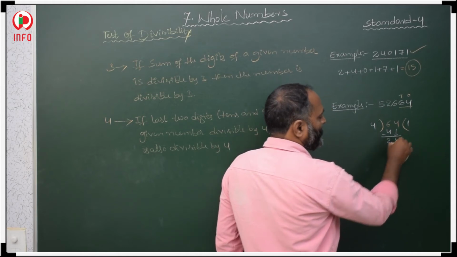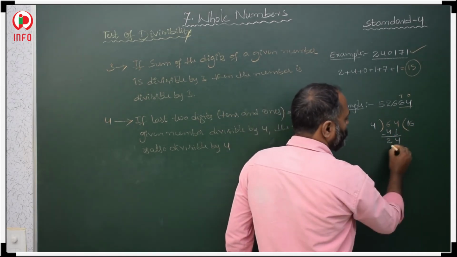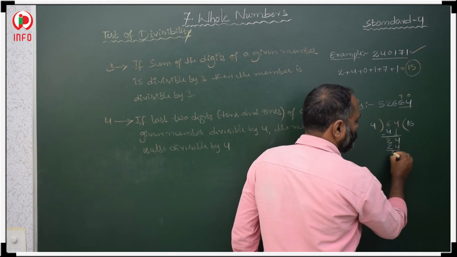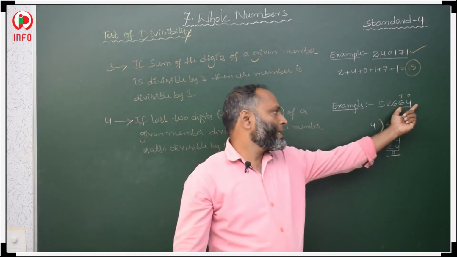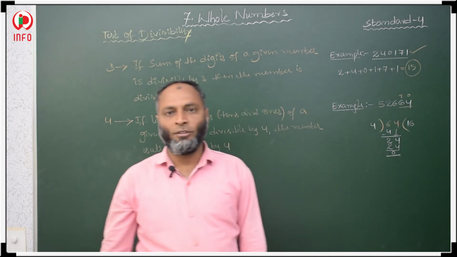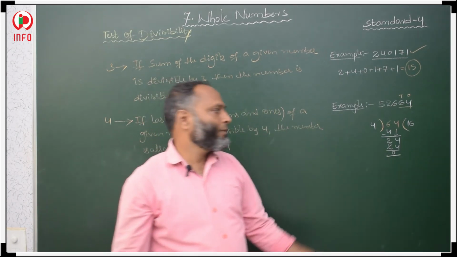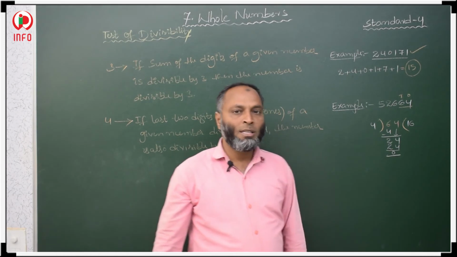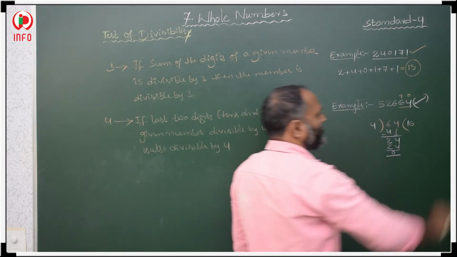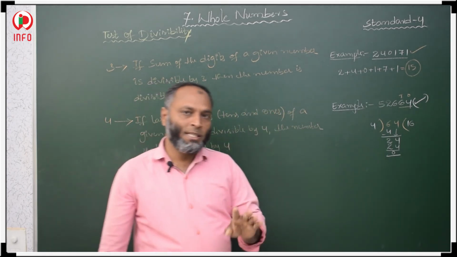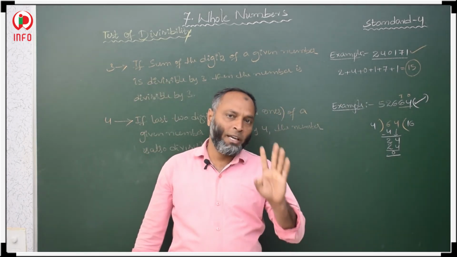Next we bring down the 4: 4 sixes are 24. The remainder is 0. It means the last 2 digits, 64, are divisible by 4, so this number is also divisible by 4. This is the condition to check for 4.